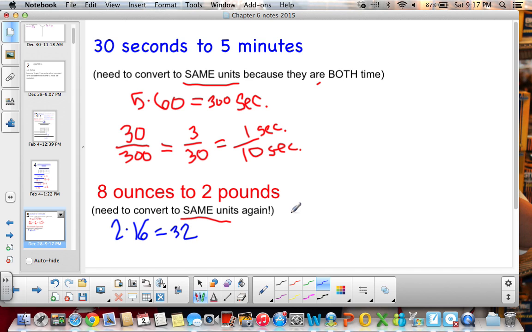So then my ratio is going to be 8 ounces to 32 ounces. I can divide both 8 and 32 by 8, so this can actually be simplified to 1 to 4. 1 ounce to 4 ounces. These would both be ounces because we changed that.